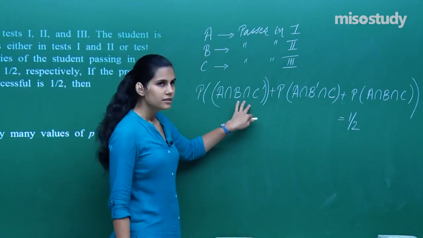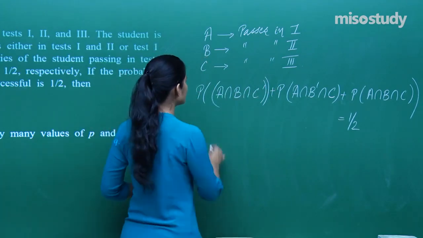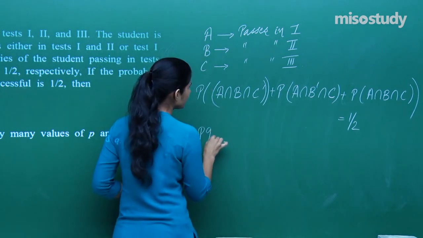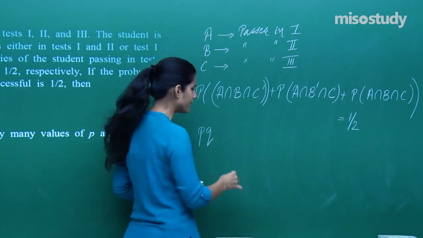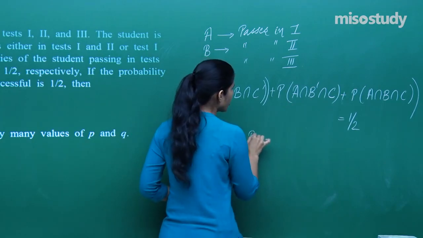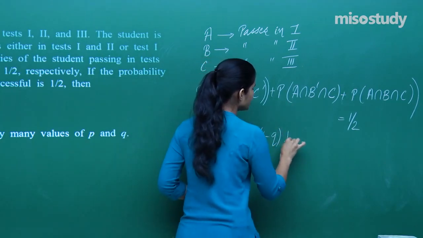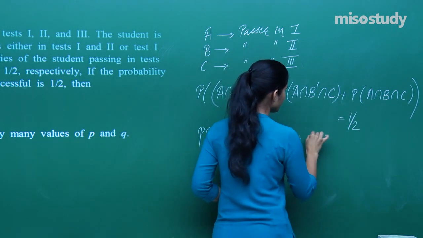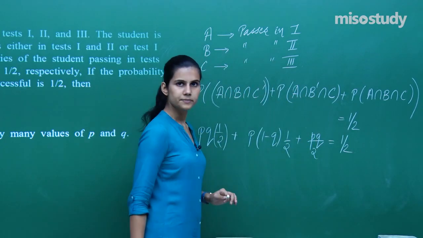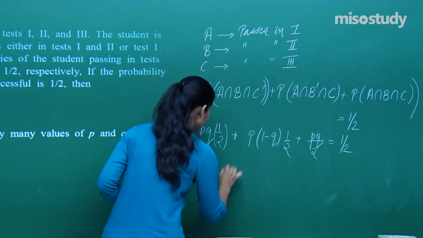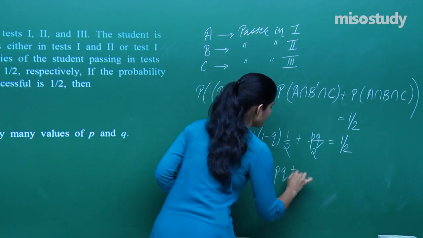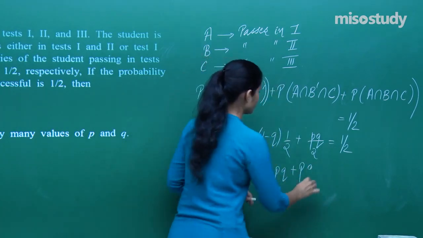Now these are again independent events. This is probability of A into probability of B into probability of C dash. Probability of A is P, probability of B is Q, probability of C dash is 1 minus 1 by 2, which is 1 by 2, plus probability of A, probability of B, probability of C, plus probability of A, probability of B, probability of C. This is what you are given. 1 by 2, if you take out common, you have PQ plus P minus PQ plus PQ.